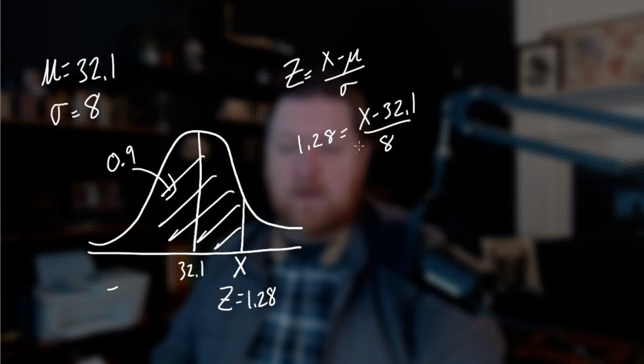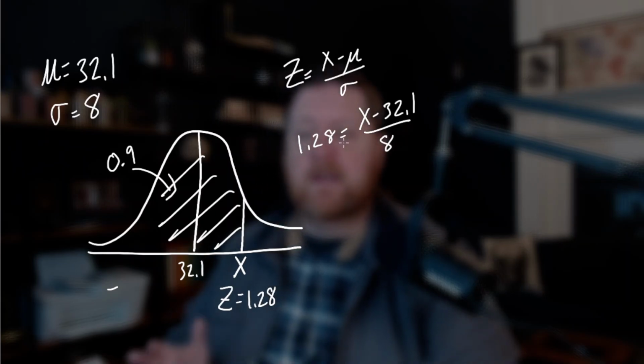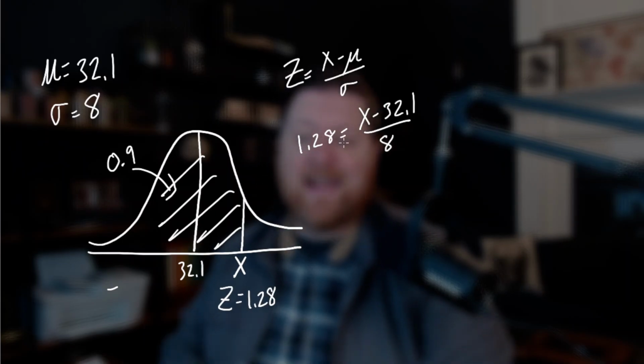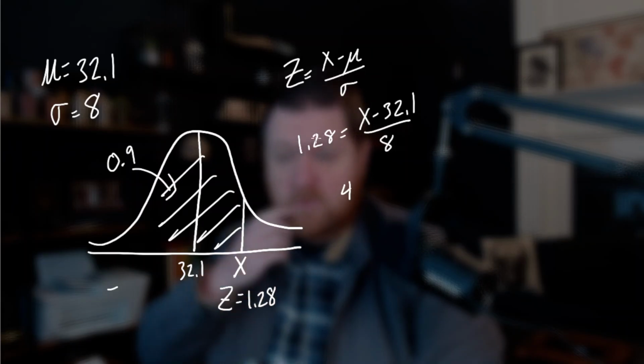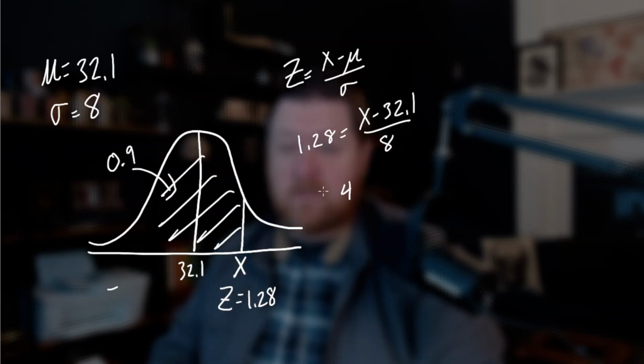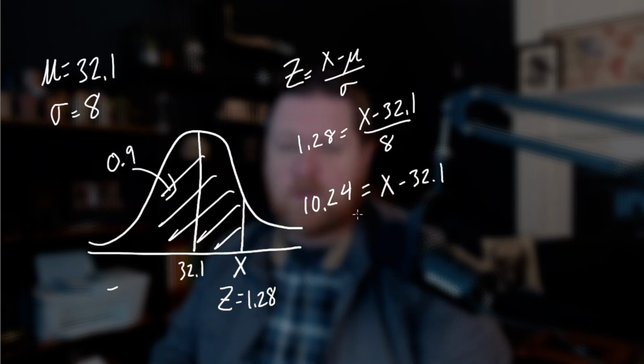So now this is where the problem differs, right? Because we have a different mean and a different standard deviation. So our x is going to be different, okay? So we multiply both sides by 8. So let's see, what is that going to give us? 8 times 8 is 64, carry the 6. 8 times 2 is 16, plus 6 is 22, carry the 2. 10.24 is equal to x minus 32.1, and you can do that with a calculator, obviously.